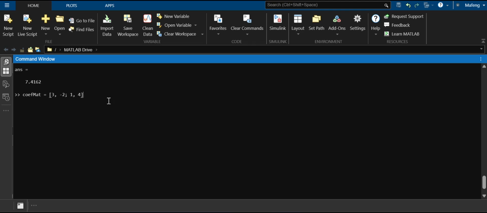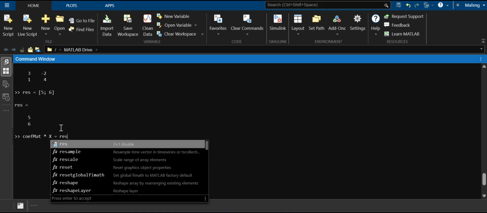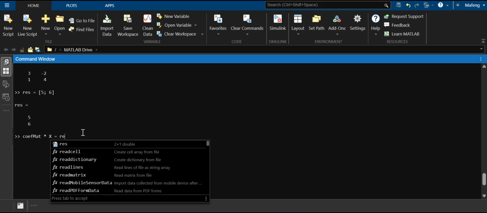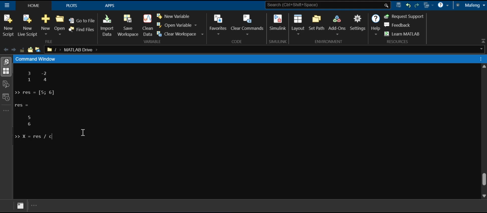Then your unknowns will be x and y, and your outputs or results 5 and 6. So the way it is, you have your coefficients multiplying your unknowns to be equal to your results. Now if you want x, you divide both sides by the coefficient matrix. So x is equal to res divided by the coefficient matrix.